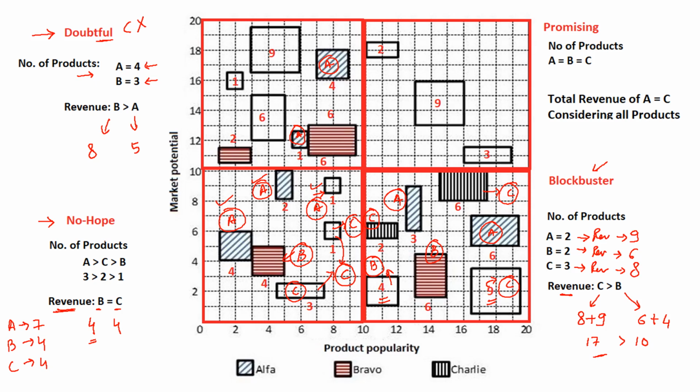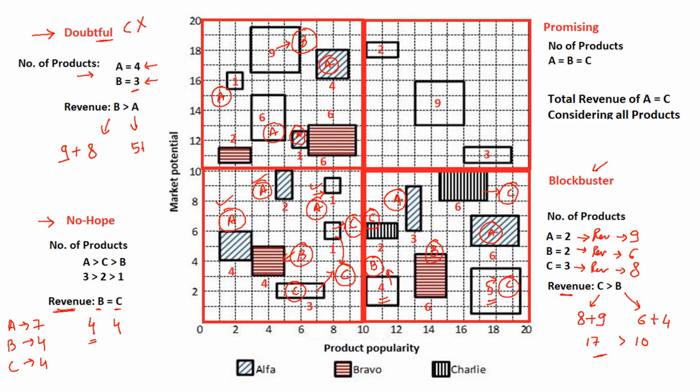So what we can do is we can allocate 9 to B in order to satisfy the revenue. So we will allocate 9 to B. So now 3 products are of B. So that is satisfying, and the remaining products will go to A. That is 1, that is 6.